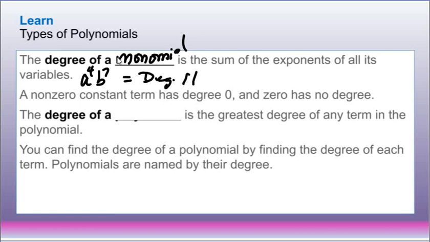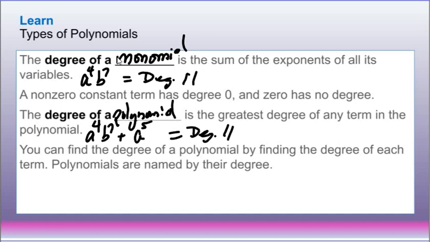Now the degree of a polynomial is the greatest degree of any term in the polynomial. So if I had a to the fourth, b to the seventh, plus a to the fifth, this would have a degree of 11 because the term that has the biggest degree, 11, would be the degree of the whole polynomial.